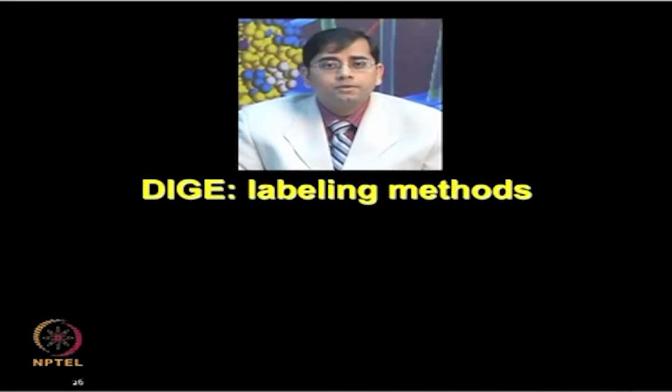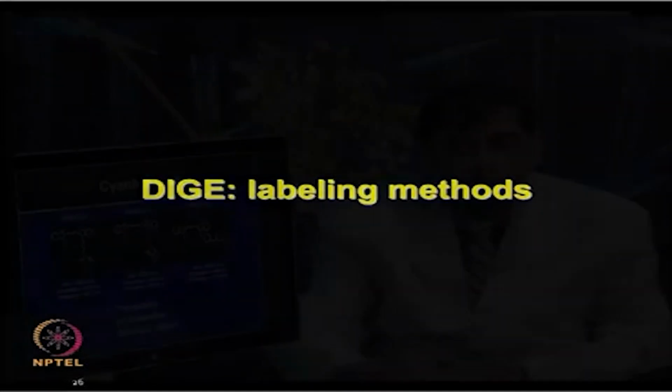Now, I will talk about the labeling methods used in DIGE technology. When we were talking about the two-dimensional electrophoresis workflow in the last class, we had looked at different types of staining methods currently available, such as Coomassie, silver staining, SYPRO Ruby, and in that context I briefly described cyanine dyes.